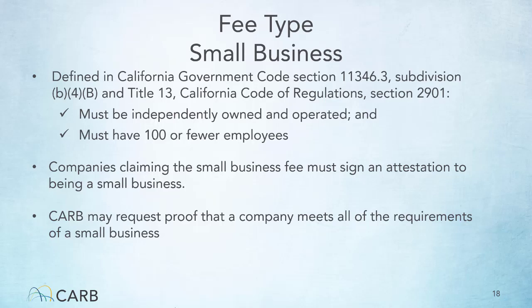First, must be independently owned and operated, and second, must have 100 or fewer employees. Companies claiming the small business fee must sign an attestation to being a small business. CARB may request proof that the company meets all of the requirements of a small business.